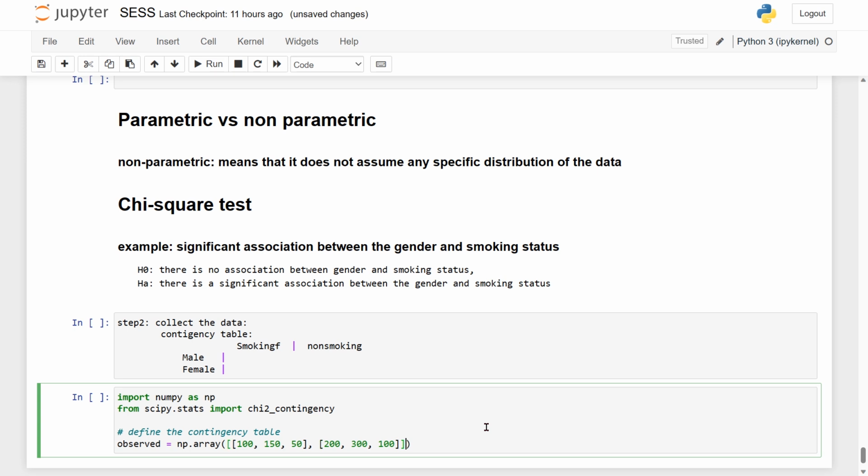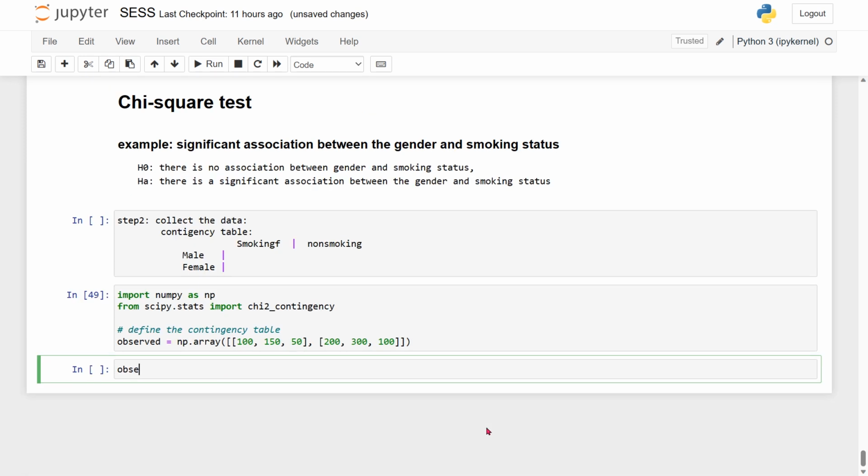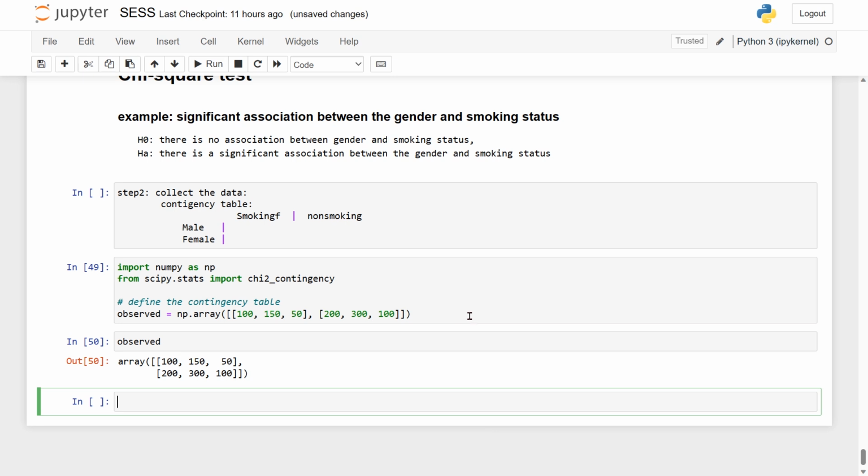So our contingency table is ready. If you want to check, you can check observed, and this is your contingency table.